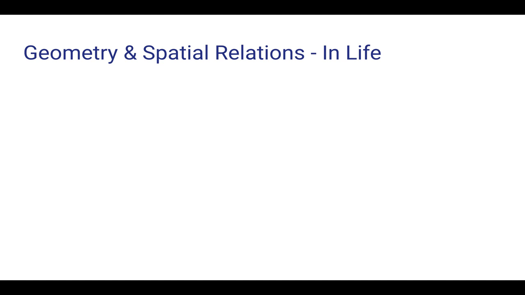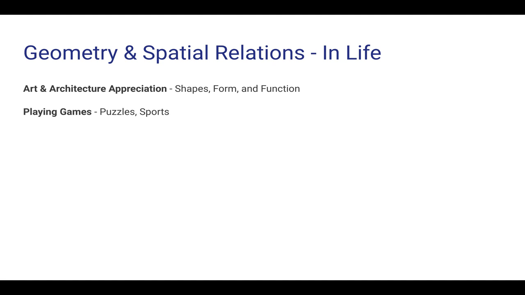Geometry and spatial relations in life. Well, we see these things a lot in art and architecture and in playing games. In art and architecture, just looking around the houses in your neighborhood, you're going to see a lot of different shapes, and you can talk about their form as well as their function.